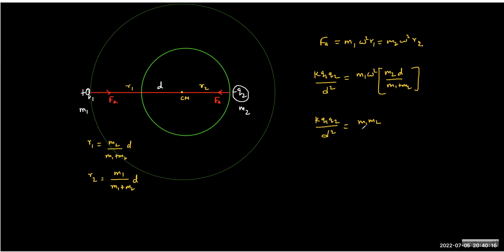Yes, mu. So this entire equation we can write in a very nice fashion. The force of attraction is mu omega square r, and r will act as d. This is the shortcut to remember this relation. You can do it in one line next time.